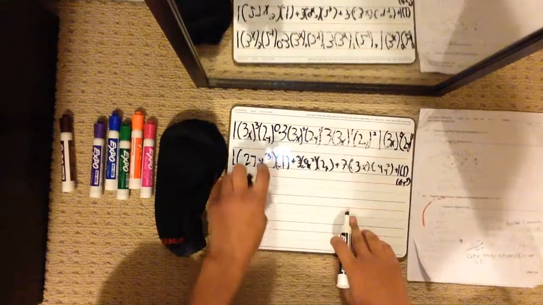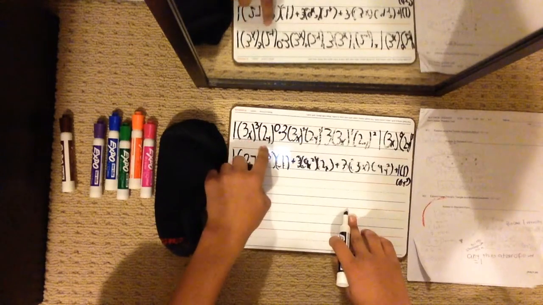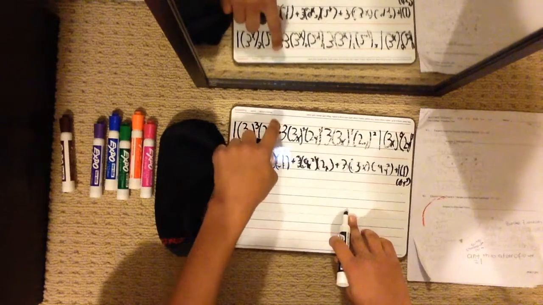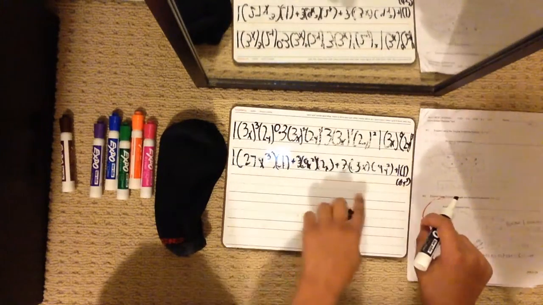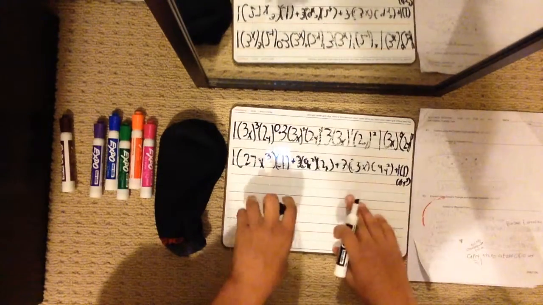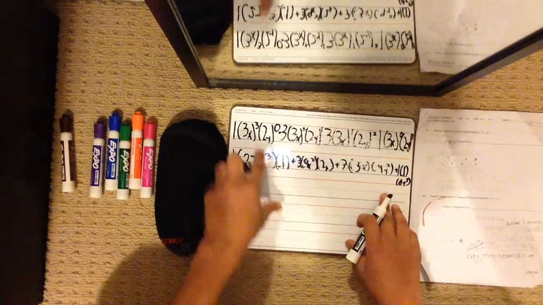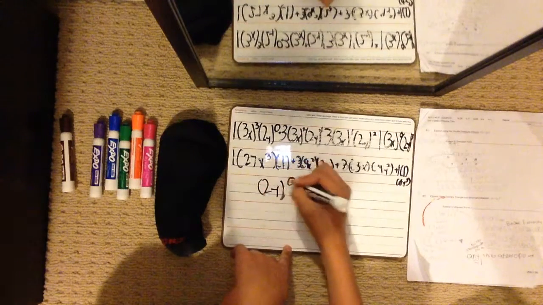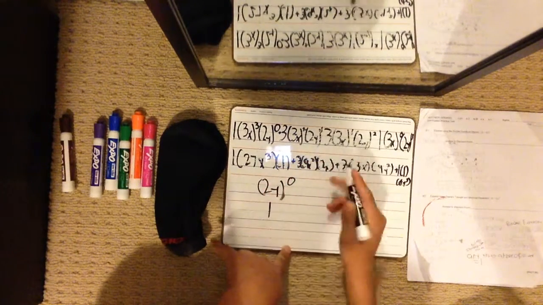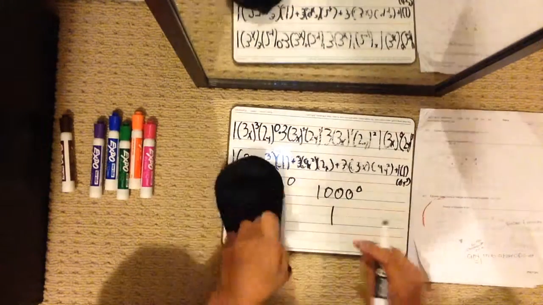Anyway, as you can see, I separated it into (3x) to the third and (2y) to the 0, continuously on, till I got to here, which all I need to do now is add, and I'll get the answer that I need. For those who don't know, (2y) to the 0 equals 1, and that's in any case. You can have 1,000 to the 0, and it will equal 1.